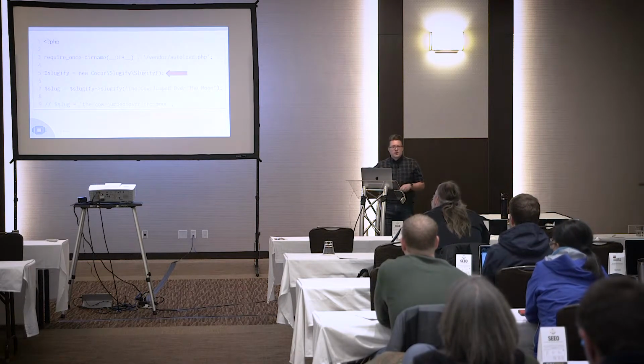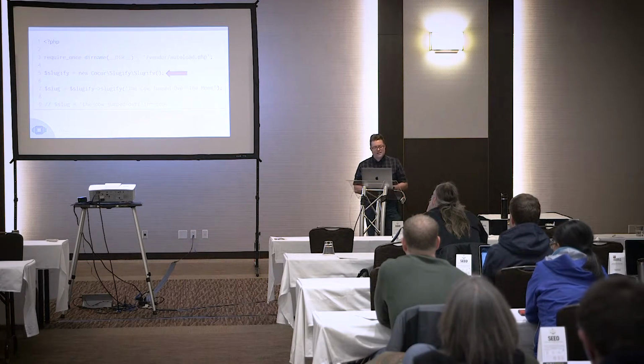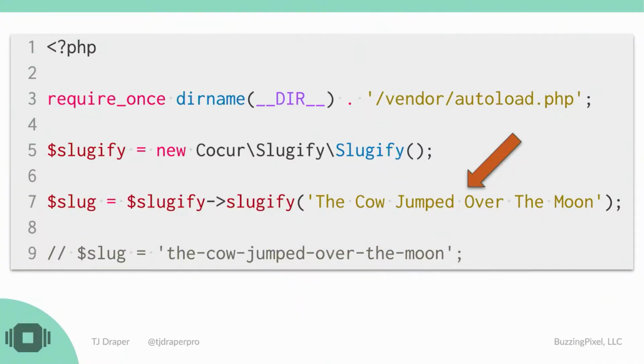So then it starts going through its autoloaders, and it asks its autoloaders, do you have that class? And when it gets to Composer, Composer says, oh yes, I do. Here it is. So that's essentially a really high-level overview of how autoloading works. And then we can use the Slugify instance to turn that into a slug or a URL title, which you can see an example of down on line 9.